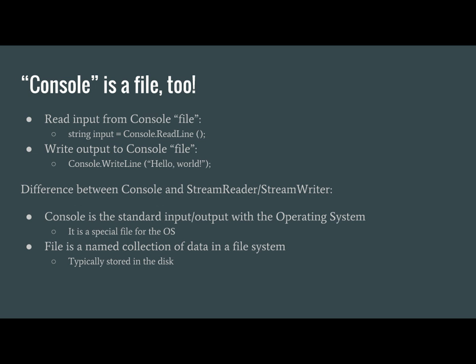However, files such as stream reader or stream writer are files that reside on the disk, and they're mostly owned by the user instead of the operating system. And console does not exist on a disk. You remember that console does not exist on disk. So you cannot find a file that is console on disk. The console file is only there when your computer is on, your system is running.